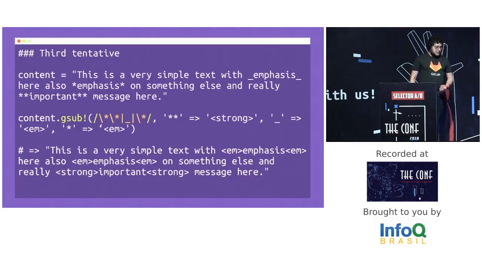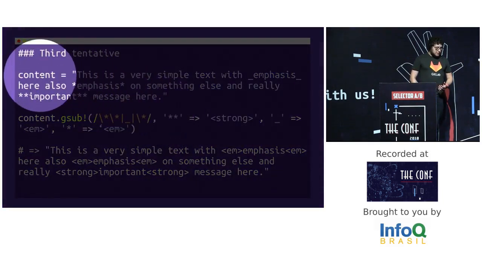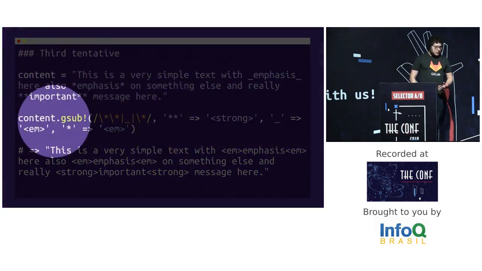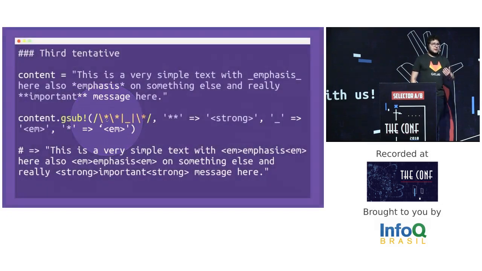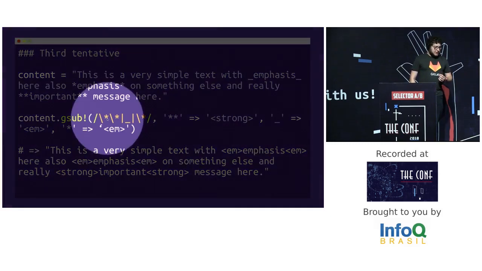So this is the third tentative. It's the same content, and now we try to do something a little bit different. Instead of doing 3 different calls to the substitution command, we are using a very simple regular expression here.